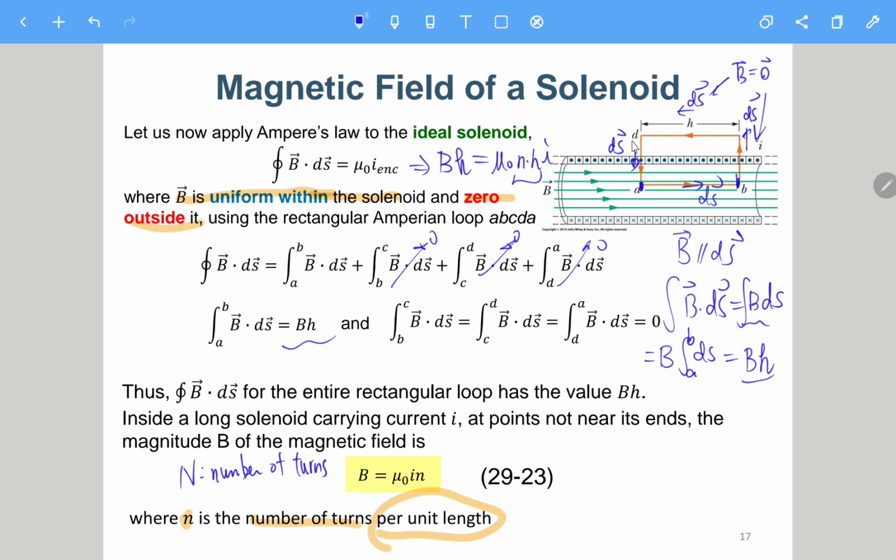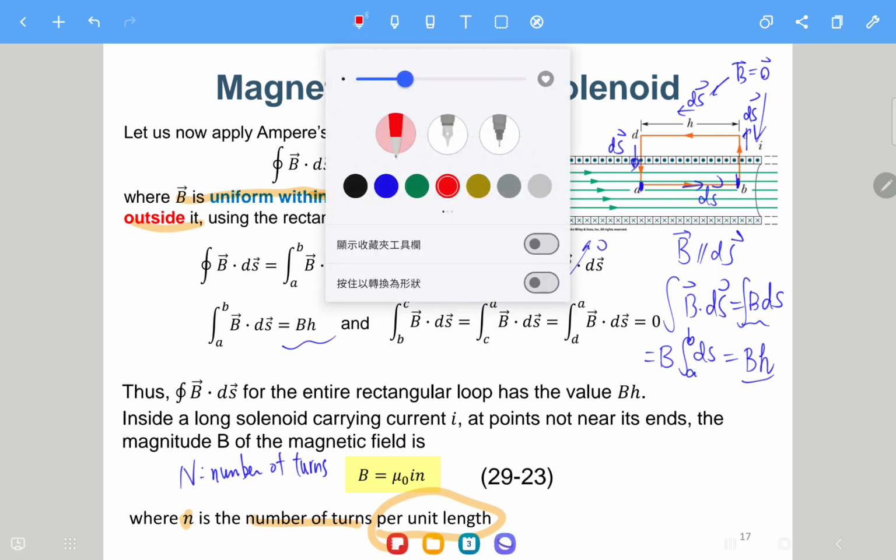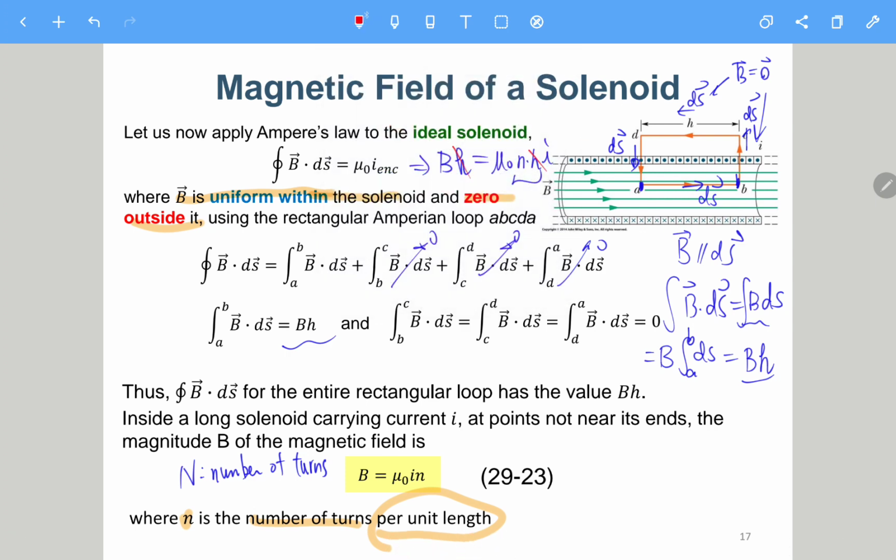A little bit tricky because we introduce a variable n here. So finally we can just cancel h on both sides, so it turns out to be B equals mu 0 n I.